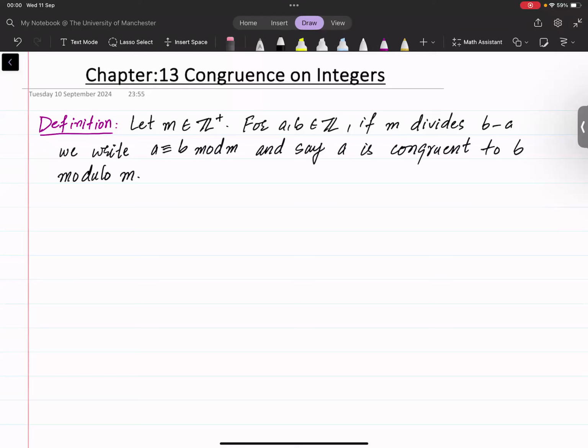Okay, this is a definition for the congruence.